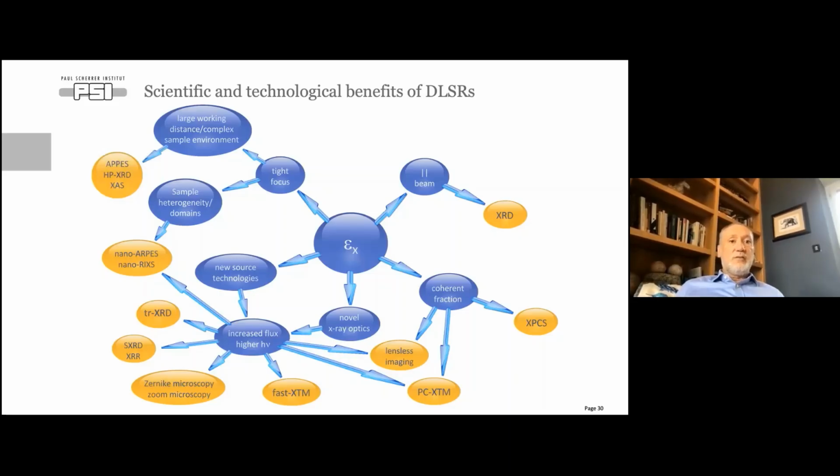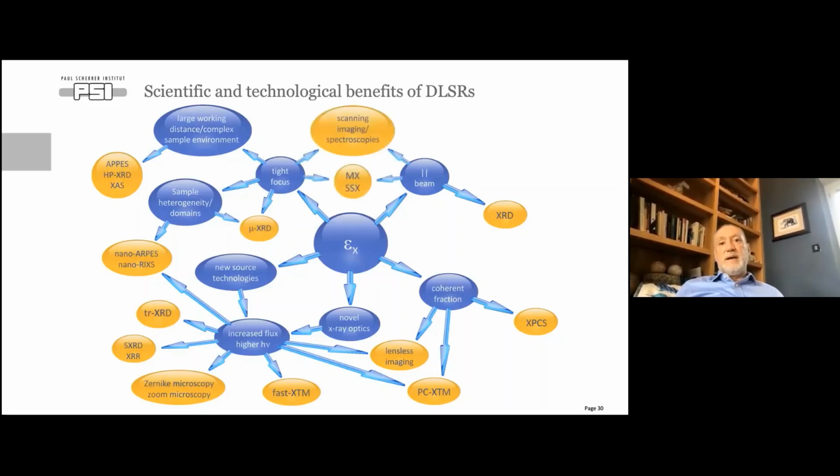And then lastly, the large working distance, like I said, is very interesting for techniques such as ambient pressure photoelectron spectroscopy, high pressure X-ray diffraction, and different forms of X-ray absorption spectroscopy, such as in catalysis. Also, heterogeneity and tight focus means that one can do micron scanning X-ray diffraction.